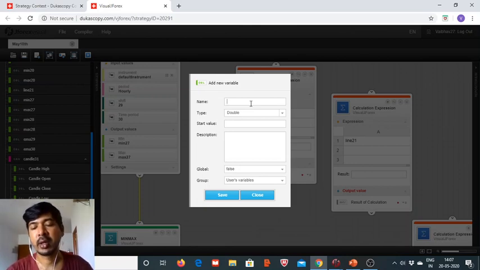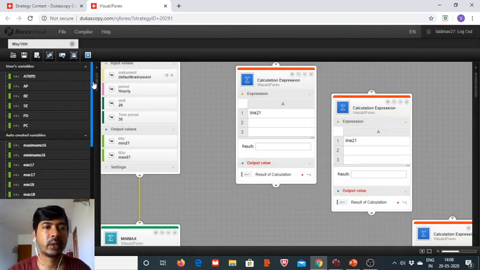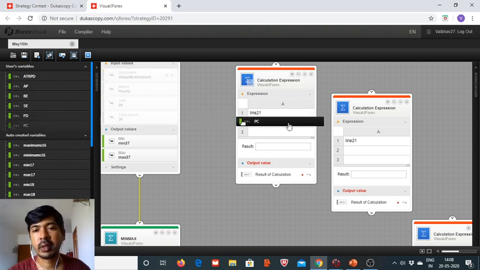And since EURUSD has 4 decimal points, to cancel those and bring it to the integer format to make the pips in integer, we need to multiply it with 10 raised to power 4, and its name will be the pips converter, and the value is 10,000, 10 raised to the power 4. Okay, and we bring it here.